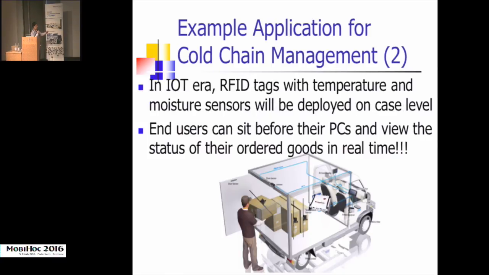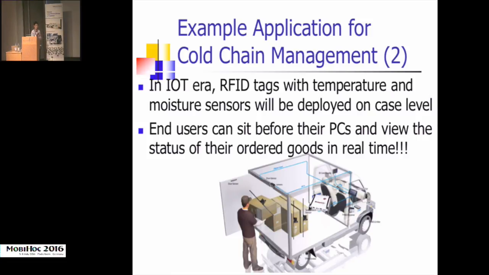Now, with these new sensing tags, people can deploy tags for each box. In the future, end users can sit before their desktop PC and check the current status of their ordered goods. This is what industry is doing to push IoT systems into real applications.